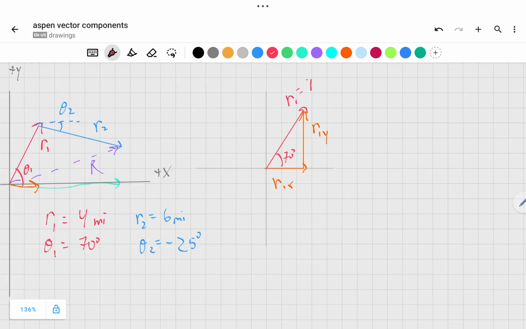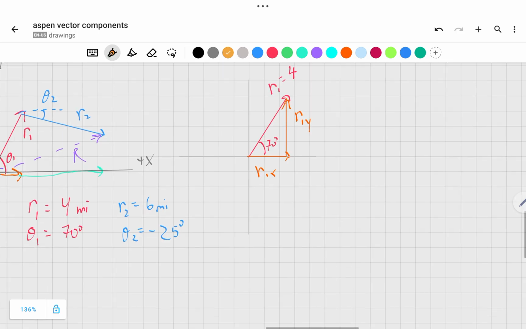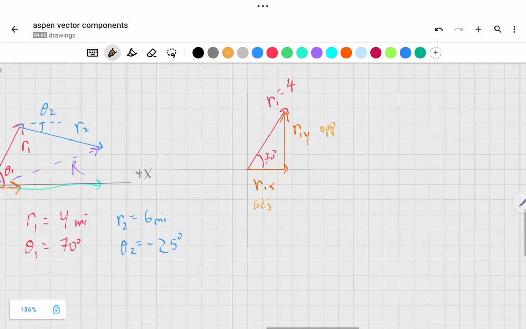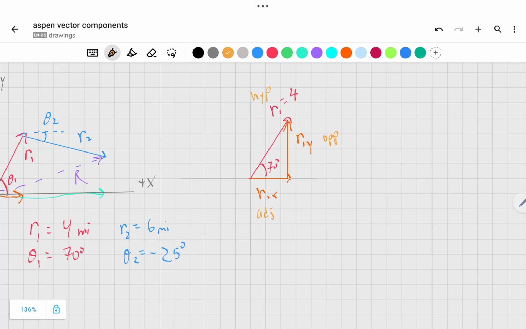To find out how big they are, I'm going to use the idea of sines and cosines. So this is the adjacent side, this is the opposite side, and this, of course, is the hypotenuse. I know the hypotenuse and I know the angle, so I want a trig function that involves the hypotenuse. If I'm looking for the opposite side, that's going to be sine.